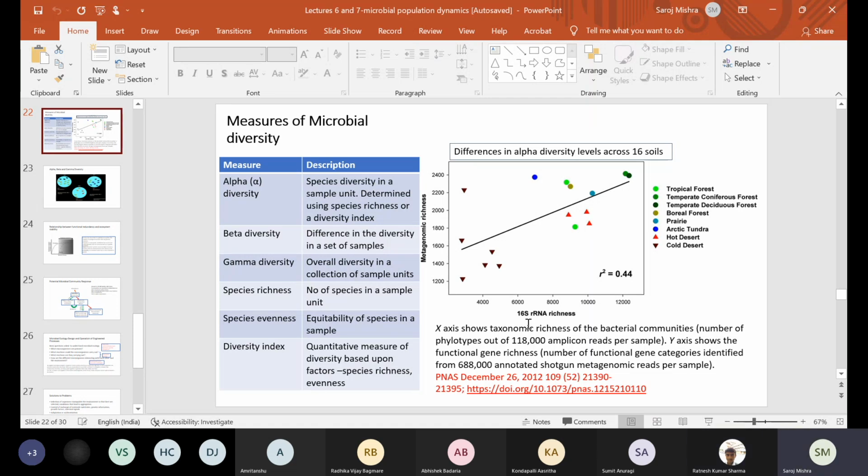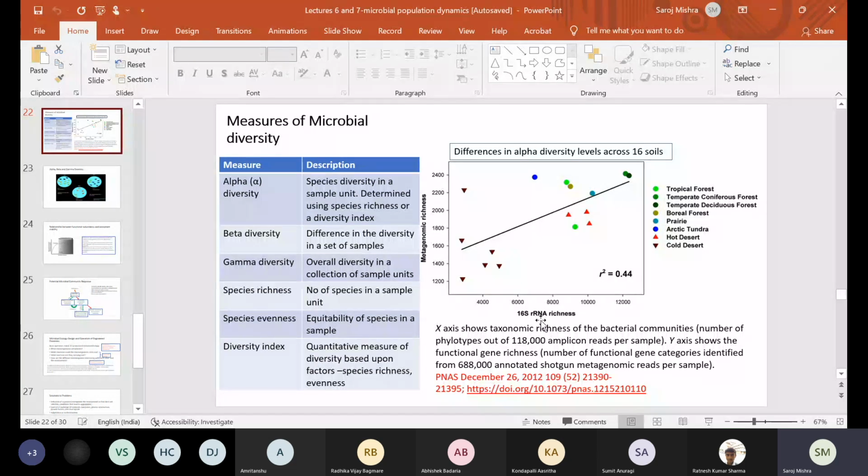Yes, ma'am. Okay, so that's what we are trying to plot on the x-axis. The relationship you are trying to measure is between the 16S ribosomal RNA richness and, on the y-axis, the metagenomic richness. Here, the entire DNA is taken, cloned, and also sequenced in order to know what kind of functions are carried out by that particular DNA fragment.